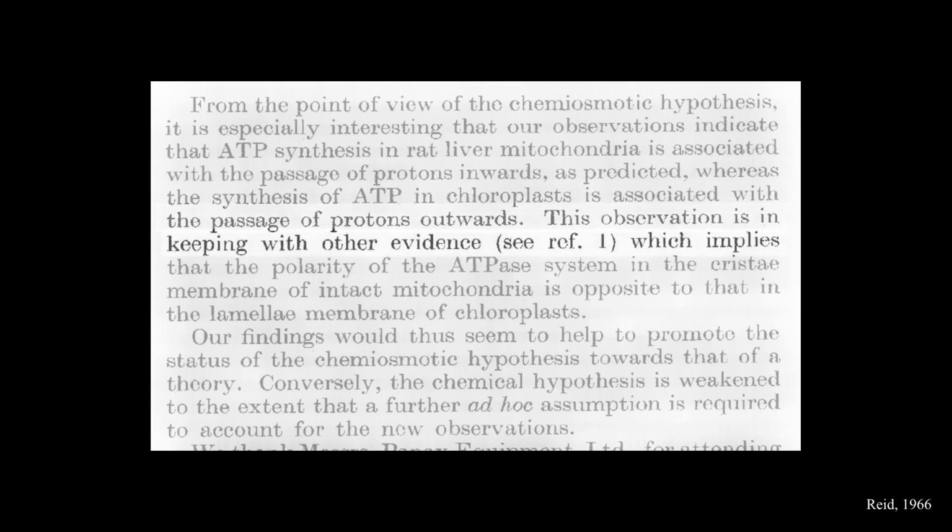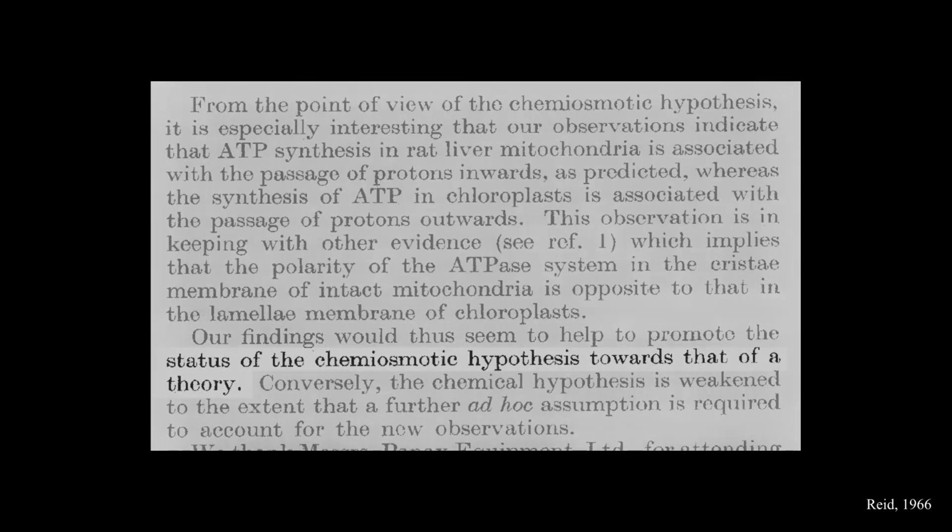This observation is in keeping with other evidence, which implies that the polarity of the ATPase system in mitochondria is opposite to that of chloroplasts. Our findings would thus seem to help to promote the status of the chemiosmotic hypothesis towards that of a theory.